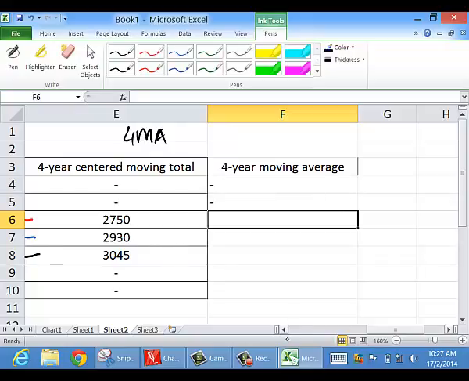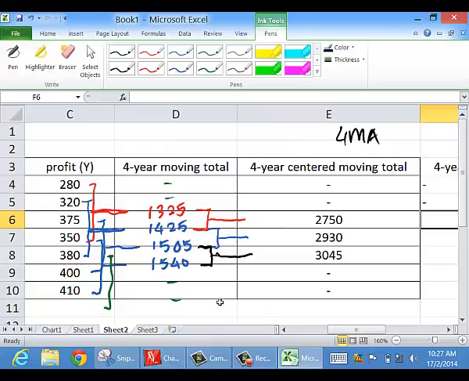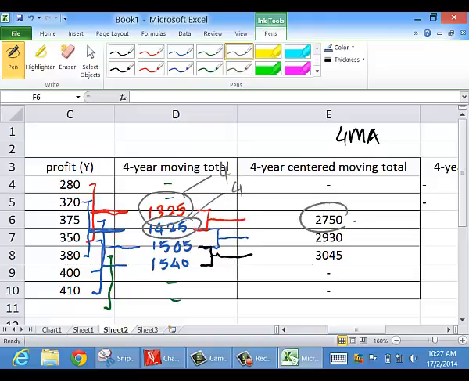This one null. So 2750. So berapa data yang involved? This one, you tengok sini, 1325. Berapa data yang involved? 4. 1425. Berapa data yang involved? 4. And this one, you involve these two data kan? These two data, each data contain 4 observation. So you have 8 data, 8 observation in 2750. Right?